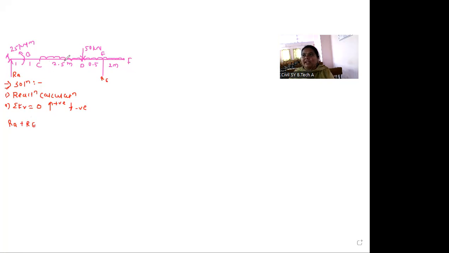After that, this UDL, the intensity of the UDL is 10 kilonewton per meter, and it goes in the downward direction. So minus 10 into the span, because we have to convert this UDL to a point load. So 2.5 plus 0.5 is 3, and plus 2 is 5.